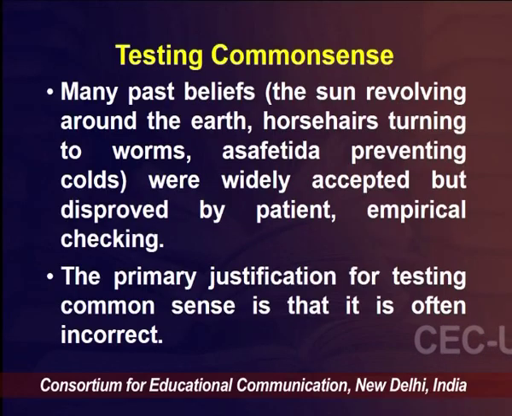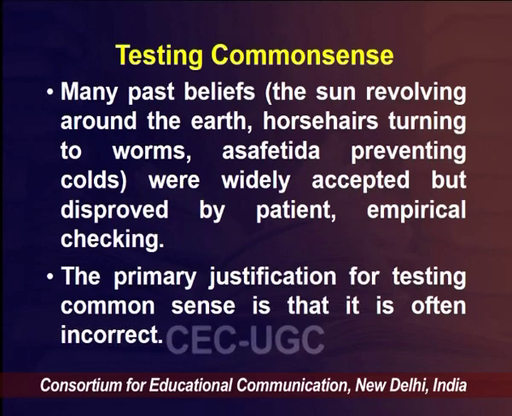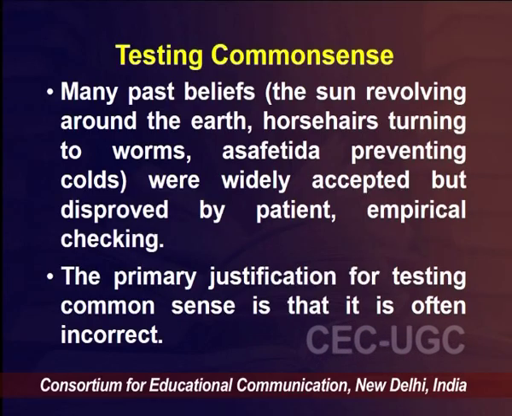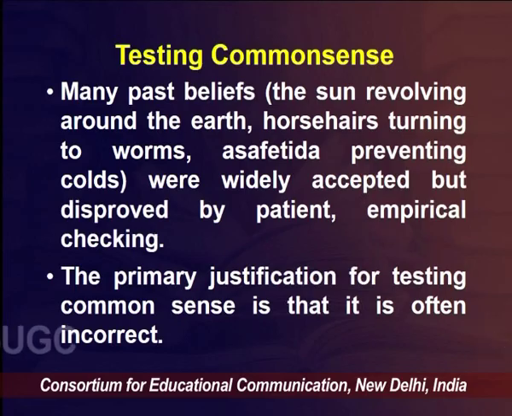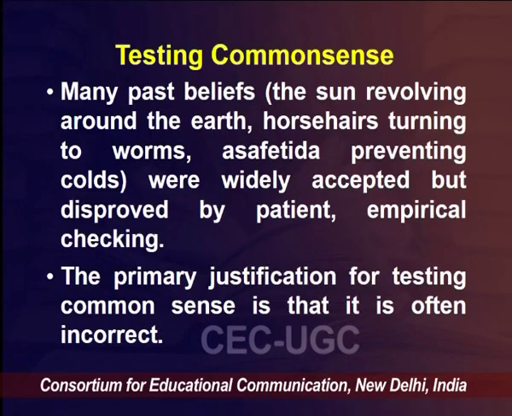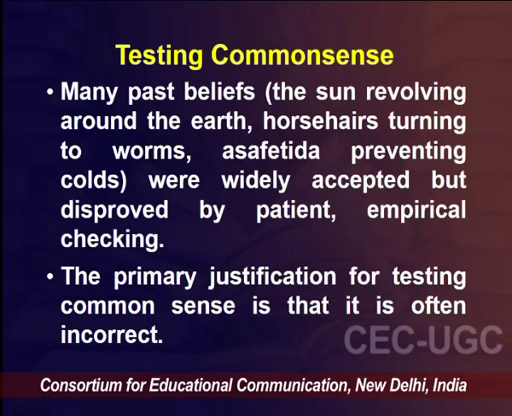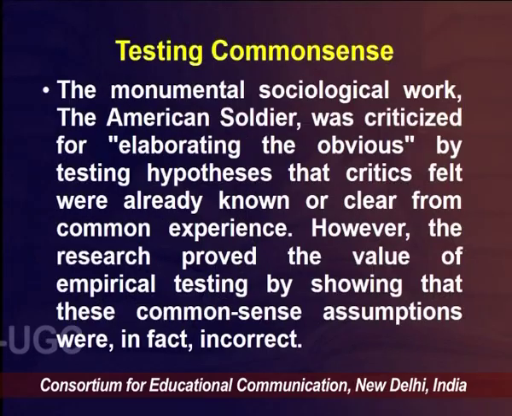So, how do we test common sense? Many past beliefs, for example, the sun revolving around the earth, horse hairs turning to worms, asafoetida preventing colds, were widely accepted but disproved by patient empirical checking. The primary justification for testing common sense is that it is often incorrect.